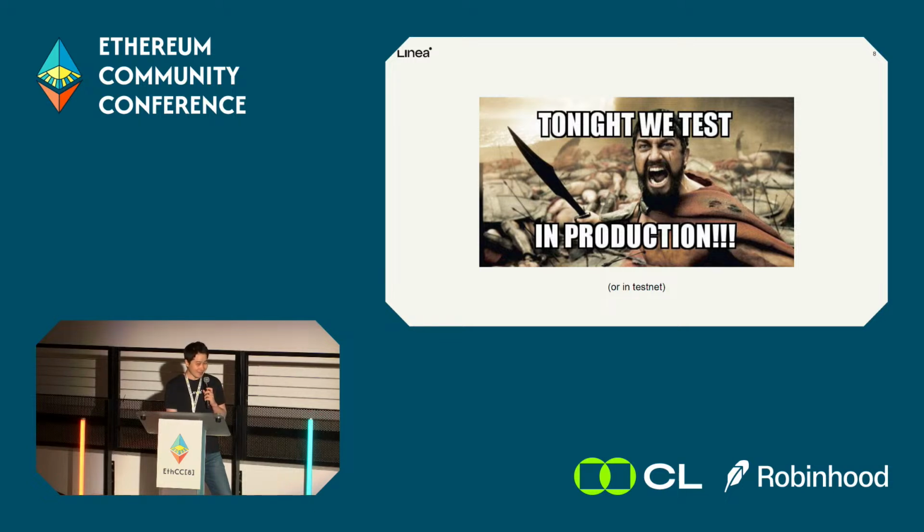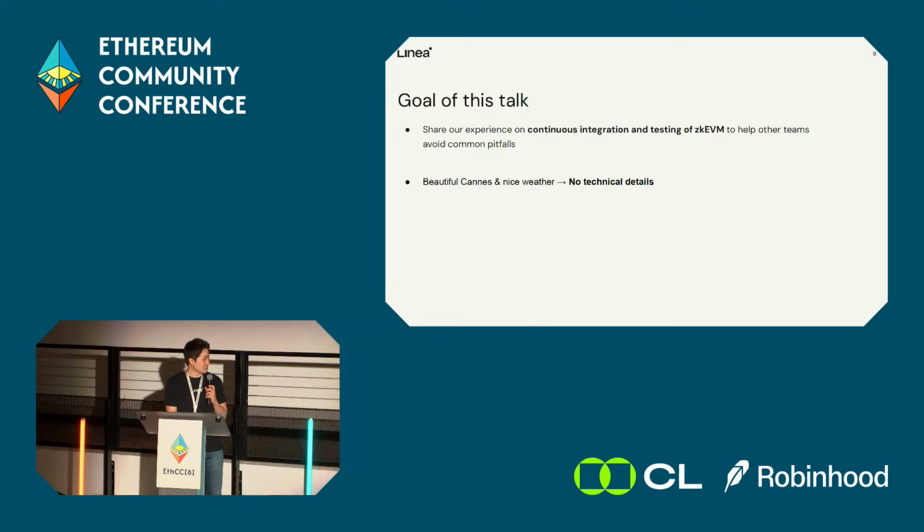It could be mainnet or testnet. I guess many projects used to test their new constraints or prover version in testnet because it's easier. You just deploy it, wait for some errors or incidents, and fix them, right? But that is also a bad idea because your users are using testnet anyway.